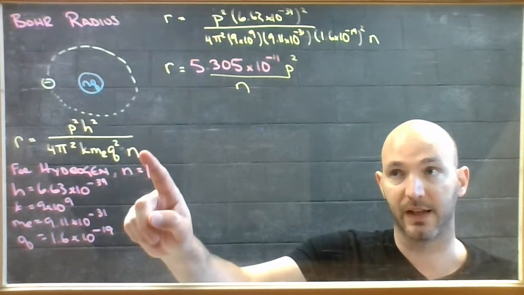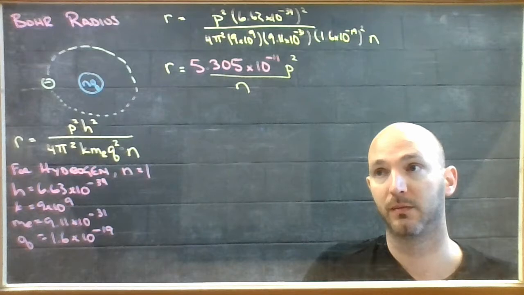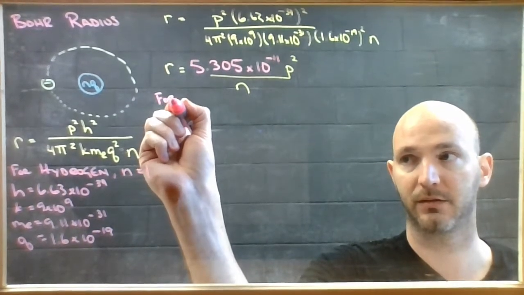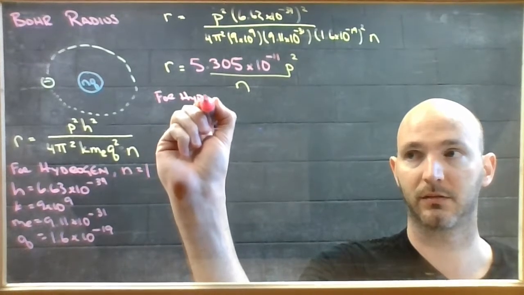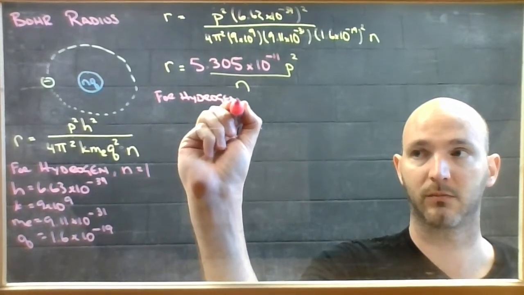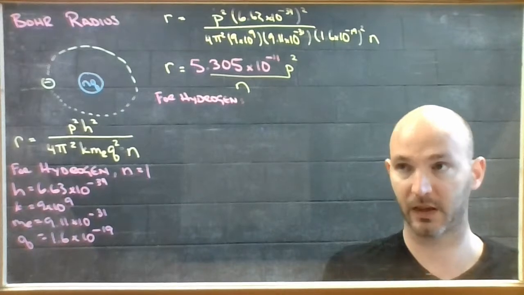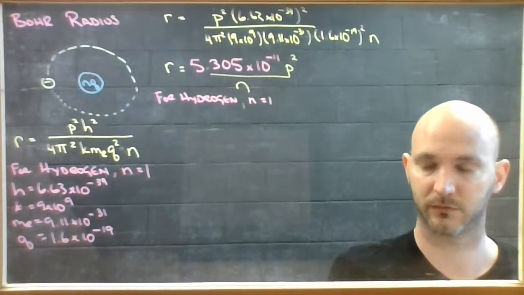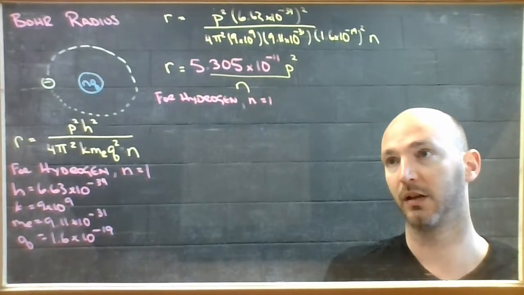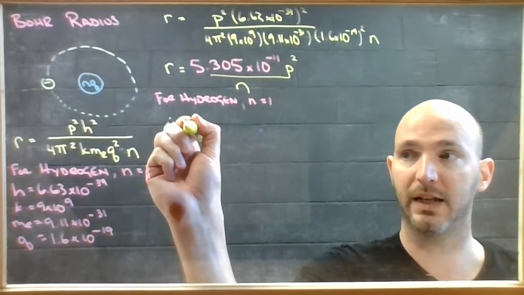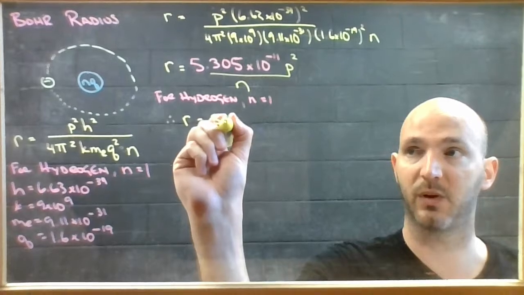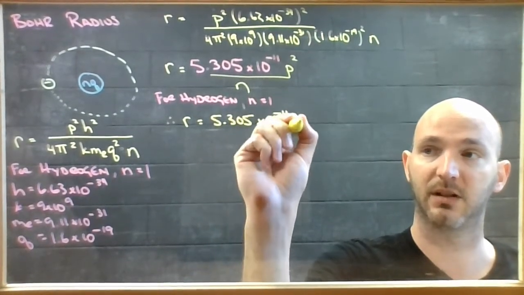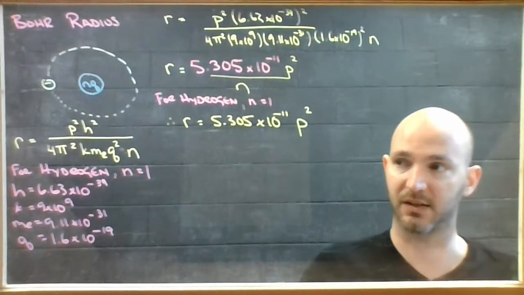For hydrogen, n is 1. So if I pop that in there, for hydrogen, n equals 1. Therefore, the radius is 5.305 times 10 to the negative 11 multiplied by p squared.